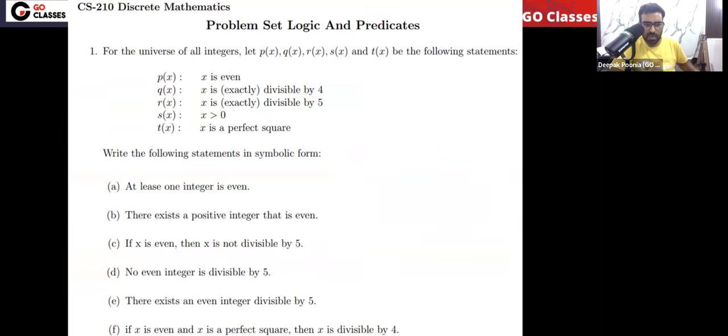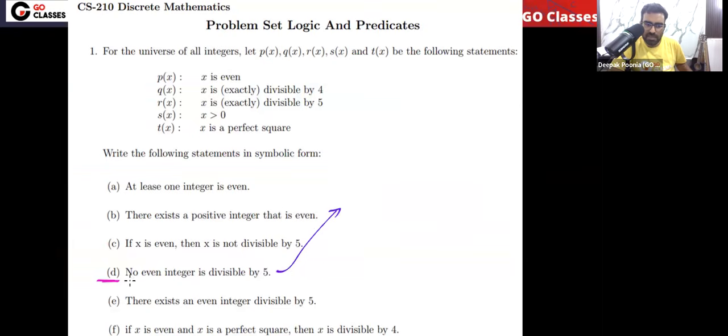Let's see how to write D. In D, we are saying no even integer is divisible by 5. So what can I write? There are two ways to write it.